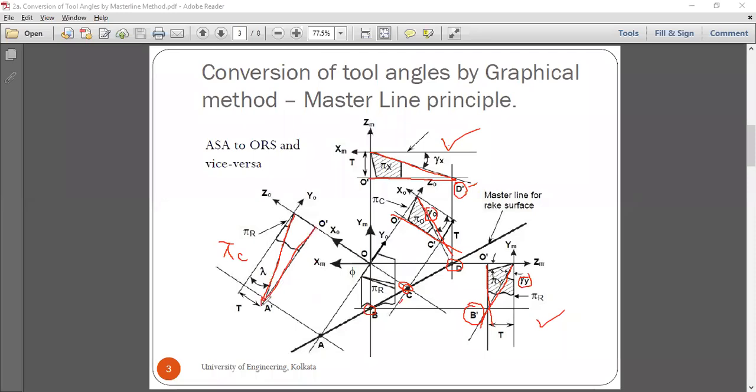So if we project this A dash here, that will also lie on the BD line. So that is why this line is called the master line for the rake surface, right? So what is the master line? Master line is a line on which the rake surface intersects with the pi r plane.